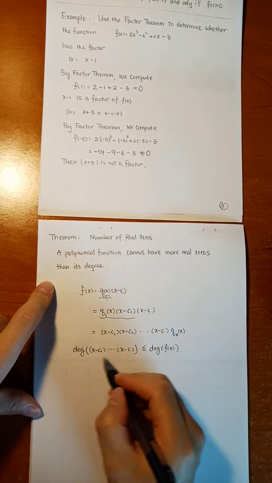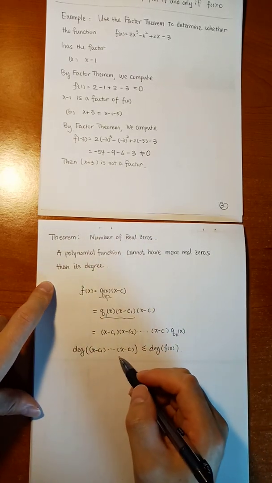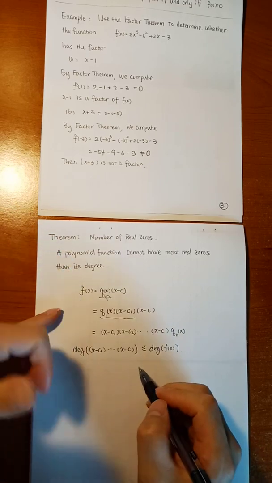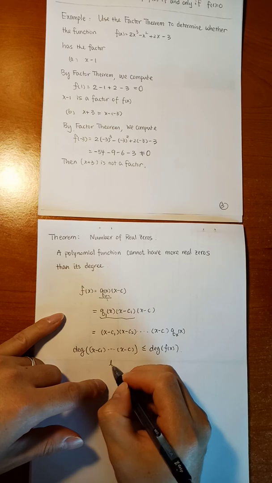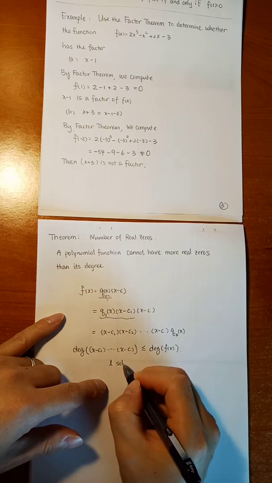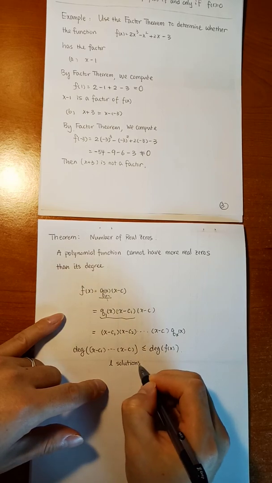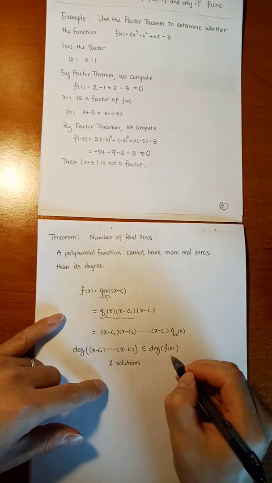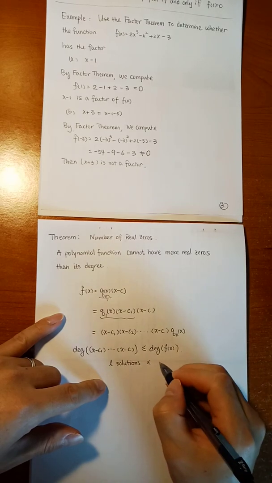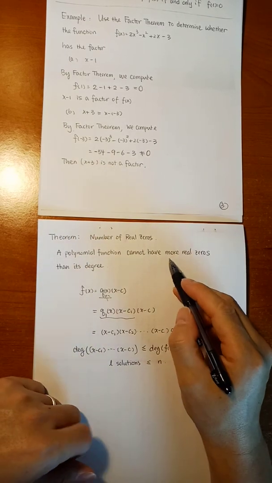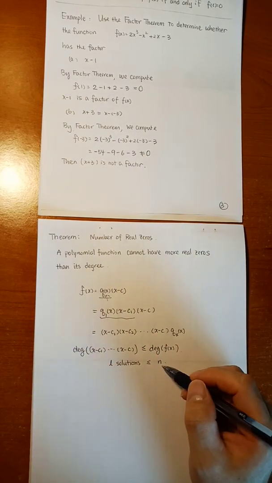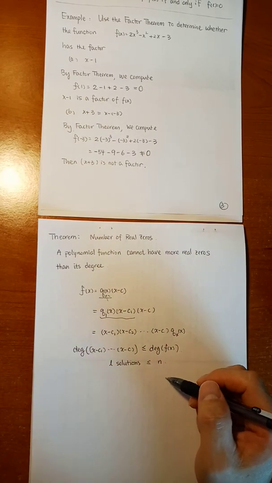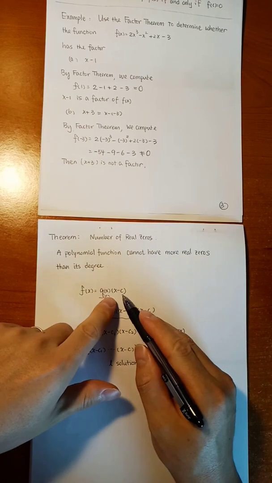And here you have possibly L solutions or L zeros. Then this L should be less than or equal to the degree of f. Okay, so whenever you have a solution, the number of the total solutions should be at most the degree. You have a solution, you have a factor.